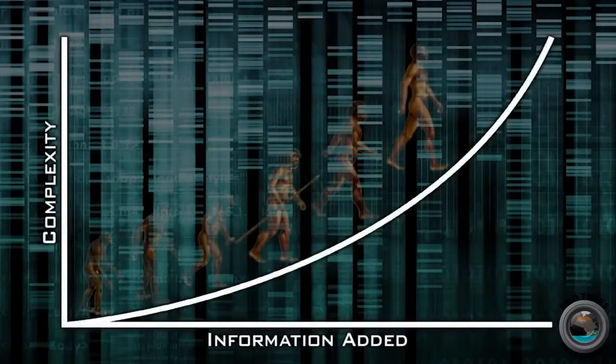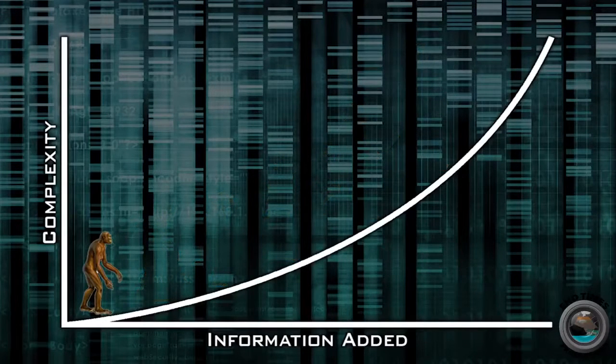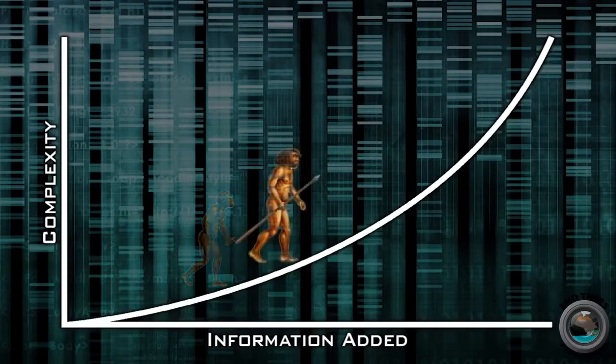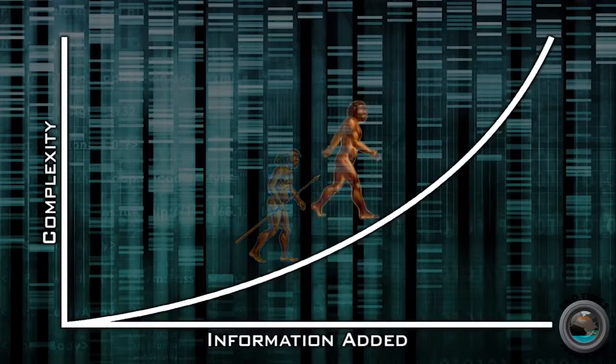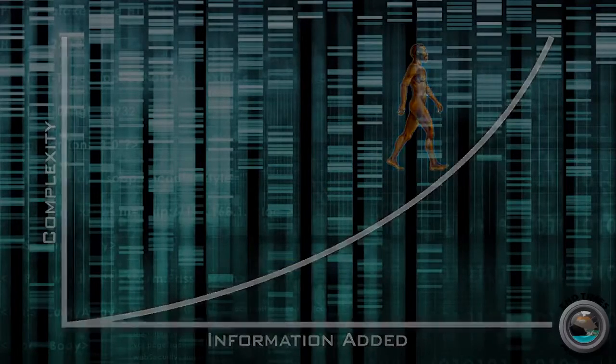Statistically speaking, these genetic mutations that result in the creation of new information are extraordinarily rare, meaning that in order for one species to transcend to the next level as the theory of evolution dictates, they would have to cycle through hundreds, probably more like thousands upon thousands of generations in order for this genetic fluke to occur.